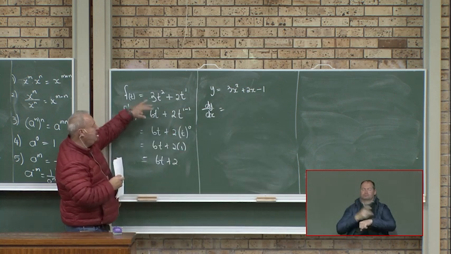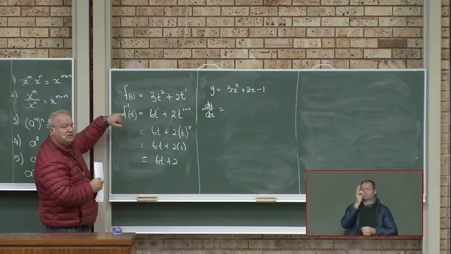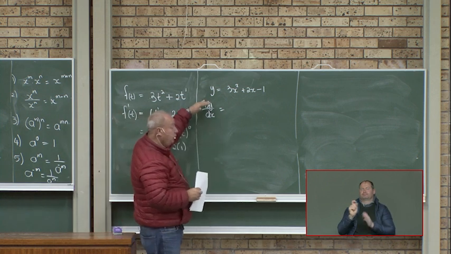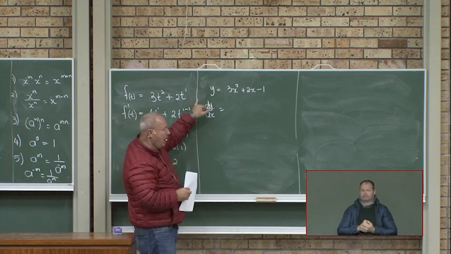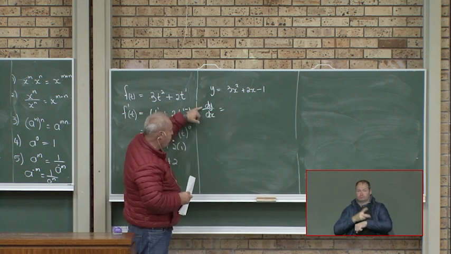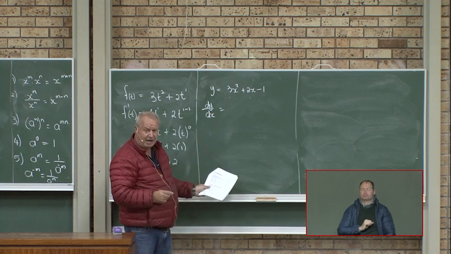If f(t) is equal to this expression in terms of t, f prime t is the derivative of the expression. Are you happy with that? So if y is equal to the expression, but I'm going to differentiate for x, then it's dy over dx. That's the correct notation. Now we're going to use the same rule.